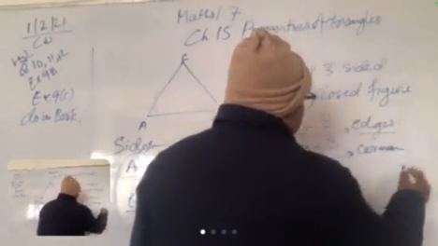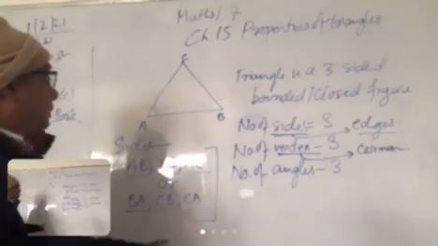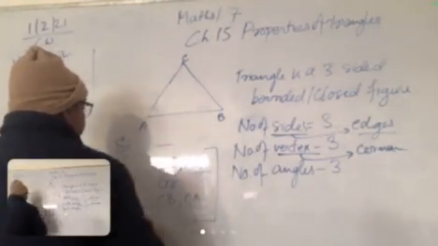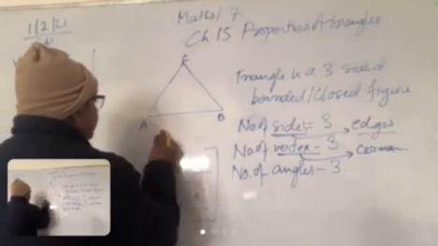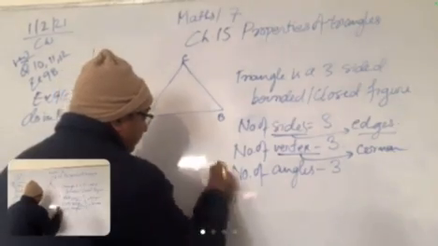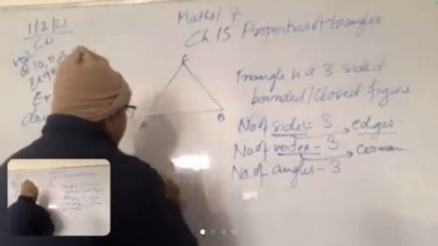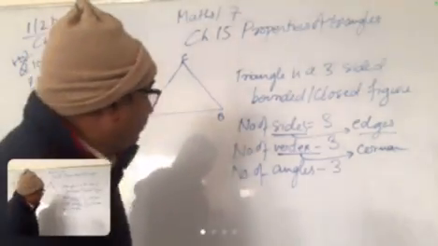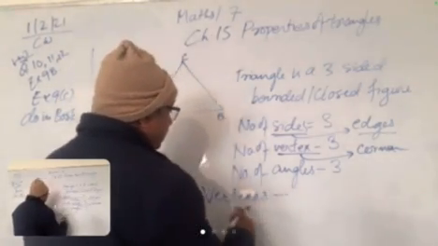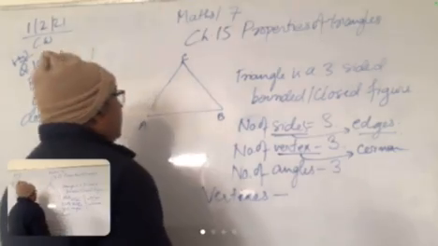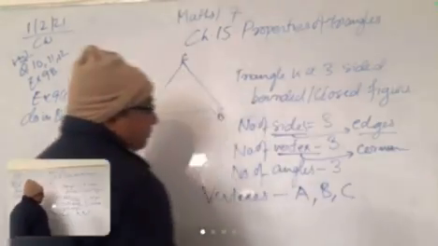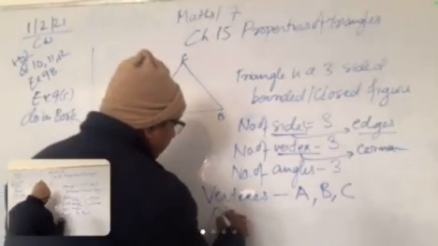And vertex means corner. So there are three vertices: A, B, C, and three angles also.